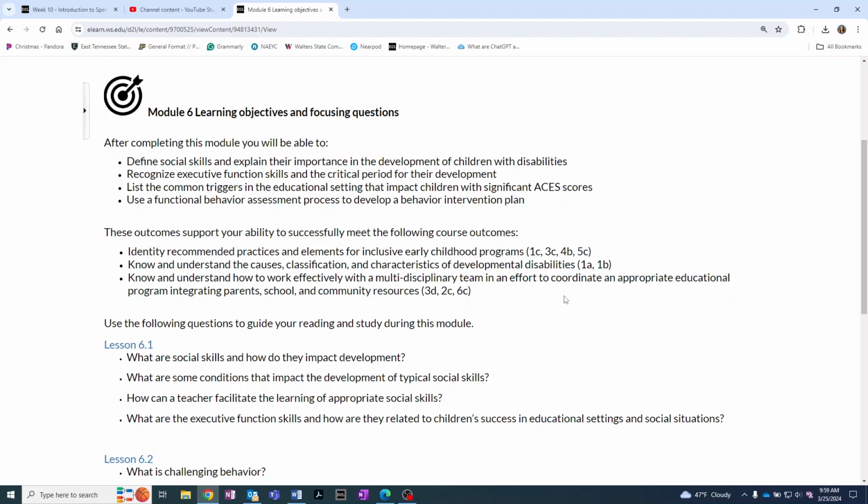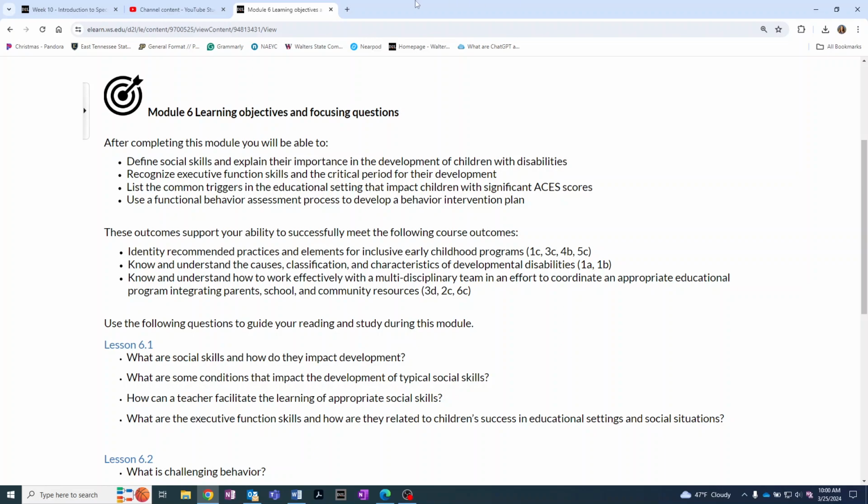We're also going to recognize those executive function skills. Remember, this is a critical point in development. What are the common triggers that impact children? We're also looking at how they play a role and how they are significant with the ACES scores, and what does ACES stand for. And then we're going to look at how you use a functional behavior assessment to develop a behavior intervention plan.